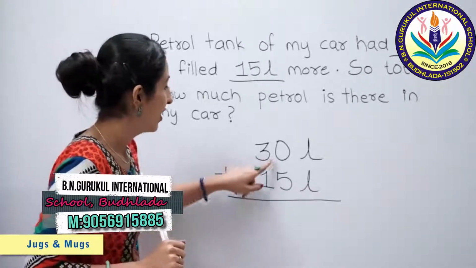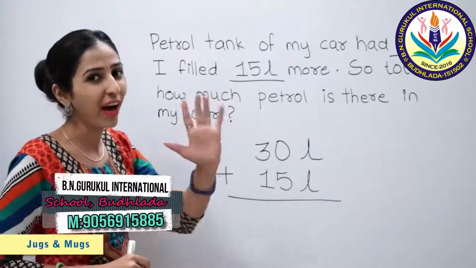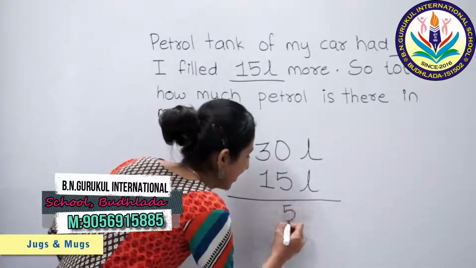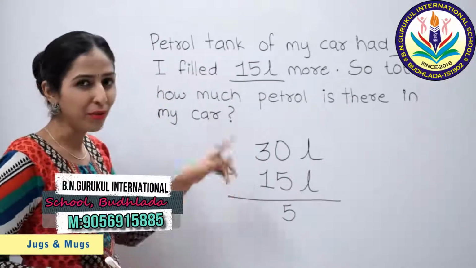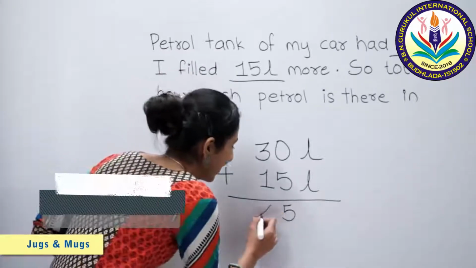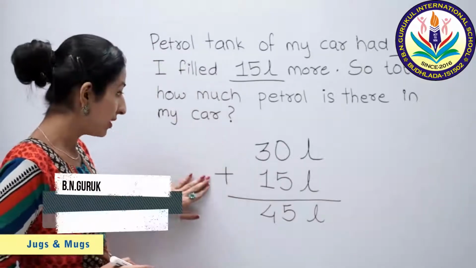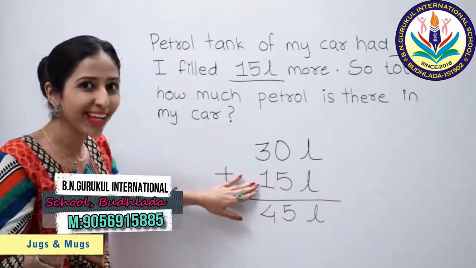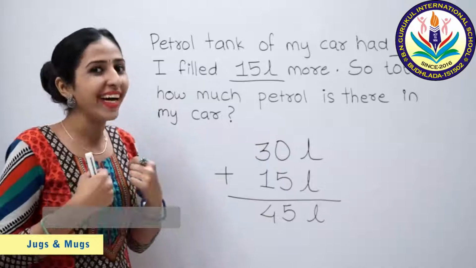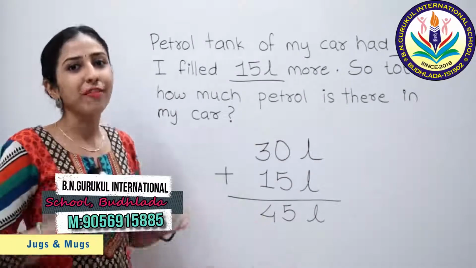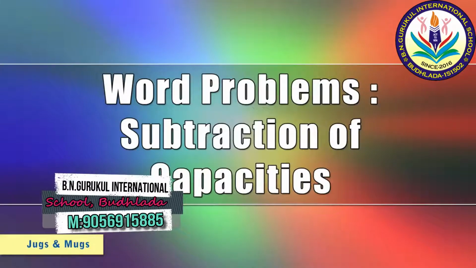Let's count. 0 plus 5 is equal to 5. 3 plus 1 is equal to 4. 30 liters plus 15 liters is equal to 45 liters. So, now my car has 45-liter petrol.